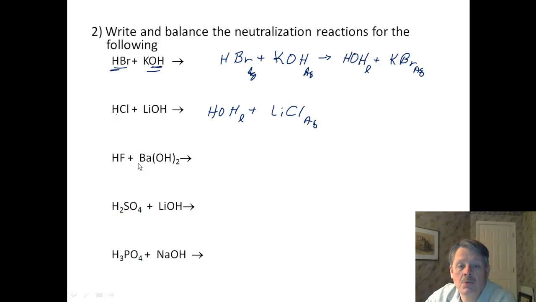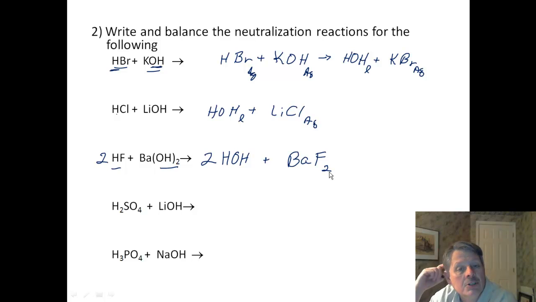Now here I'm going to have to write this out a little bit because you'll notice you have two OHs, which means you have to have two H's, so we have to put a 2 in front of that so that we can balance this reaction, because we're going to produce two waters, two HOHs, and we're going to produce barium fluoride. But barium has a +2 charge, fluorine only has a -1, so it's BaF2. And that's why you have to have two F's on the left, excuse me.